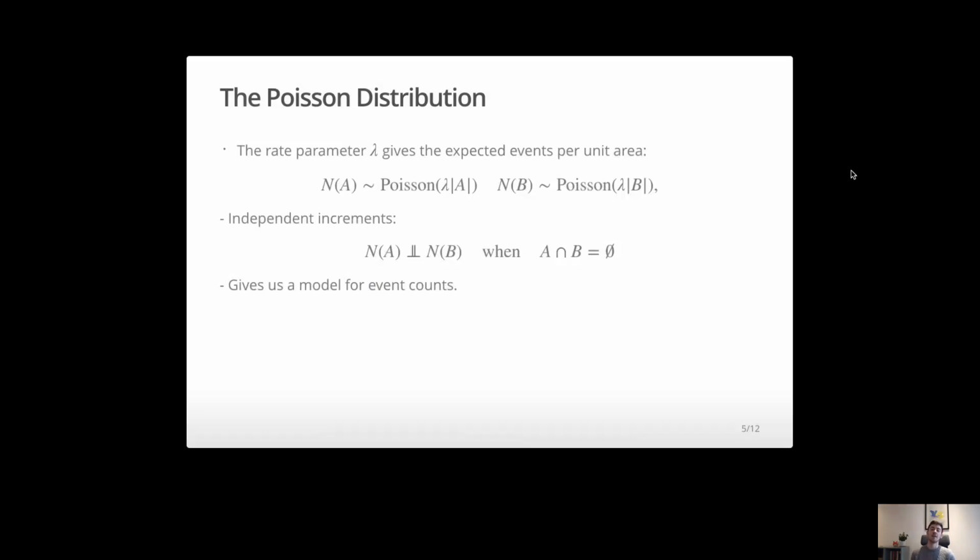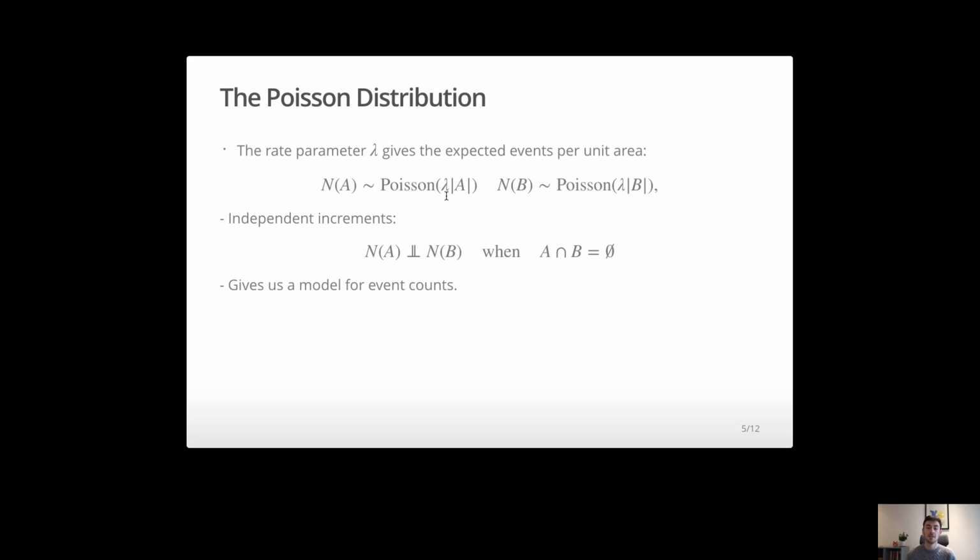So what we have is that the number of events on field A, NA, can be modeled as a Poisson random variable, where the rate of that random variable is going to scale with the area of the field. So lambda here is being multiplied by the modulus of A. And what that means is that if we were to double the size of the field, we're going to expect twice as many rabbits to be observed on average.